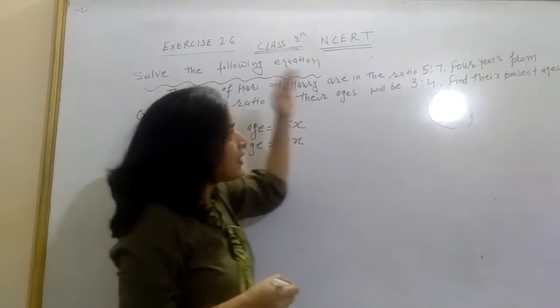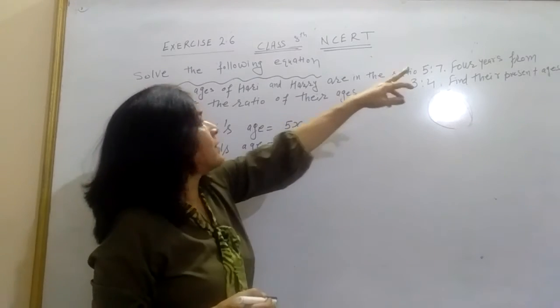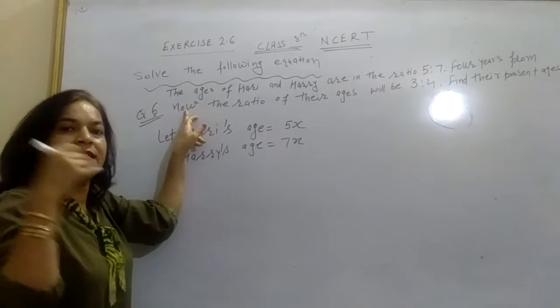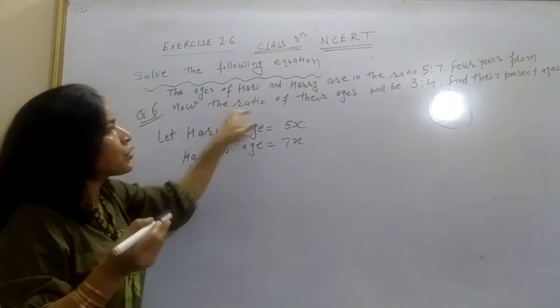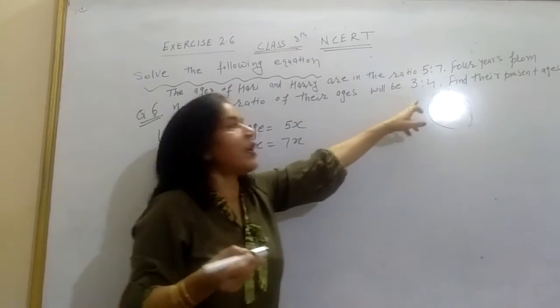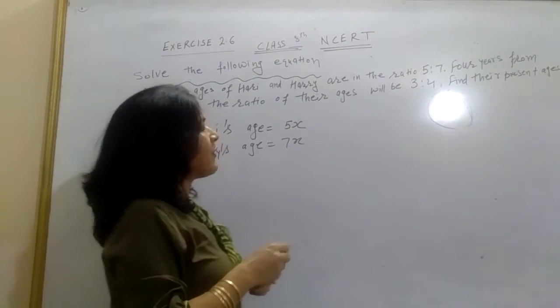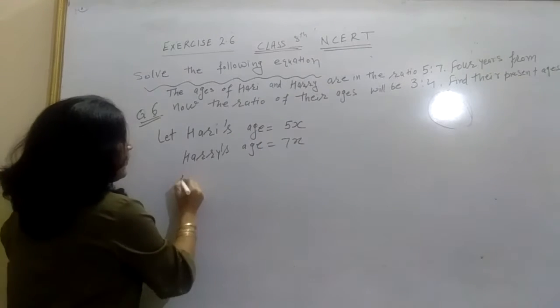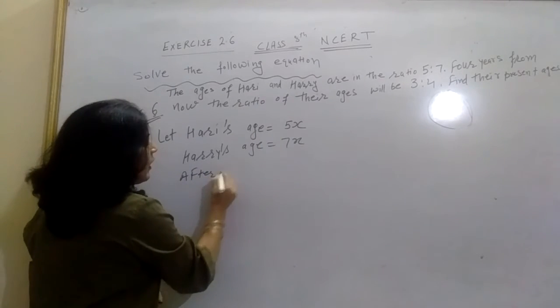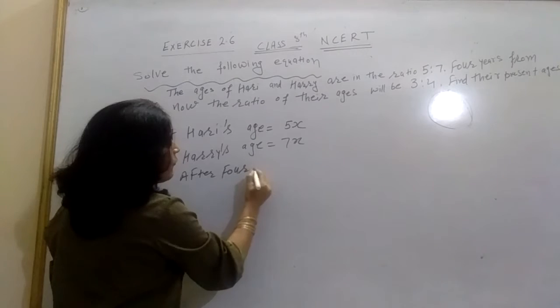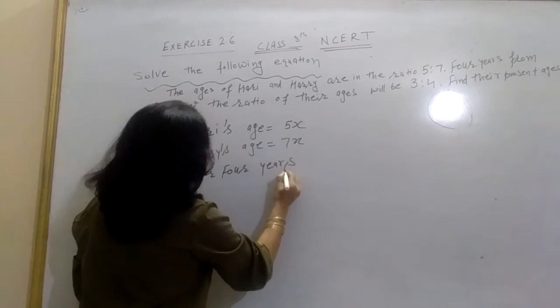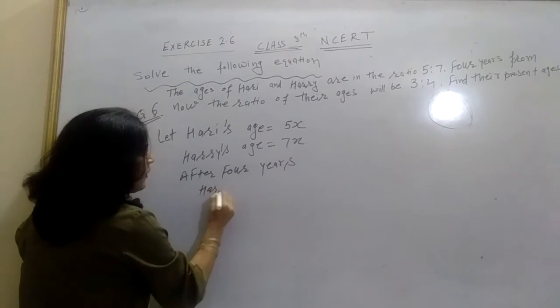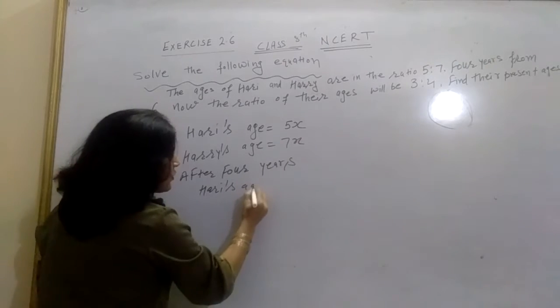5:7. Now he is saying 4 years from now, the ratio of their ages will be 3:4. So first of all we will find their age after 4 years. After 4 years, Hari's age.